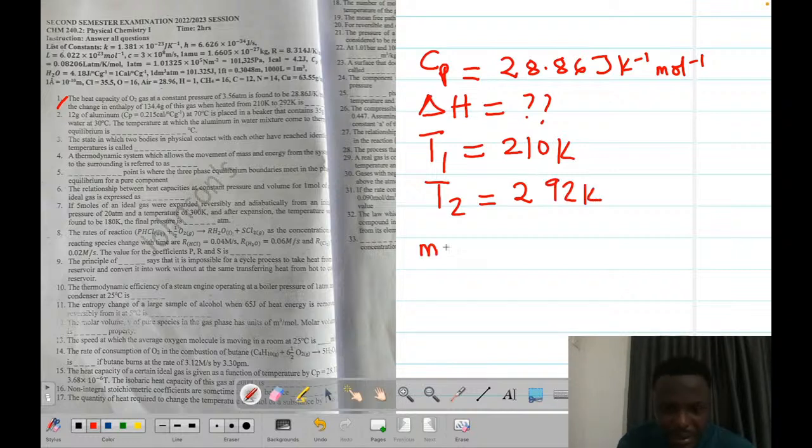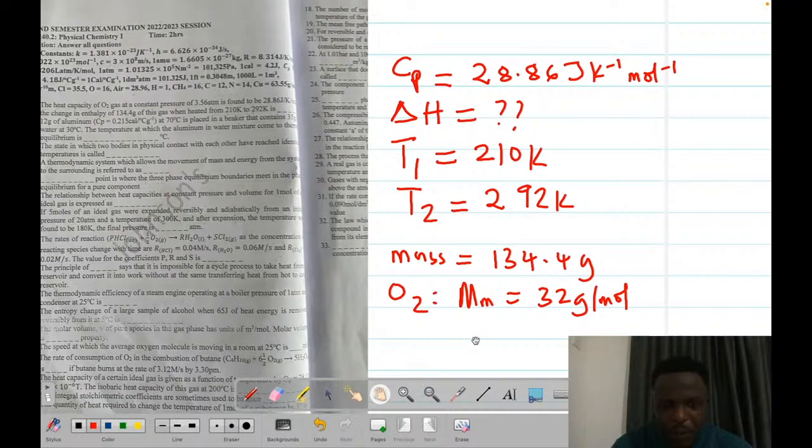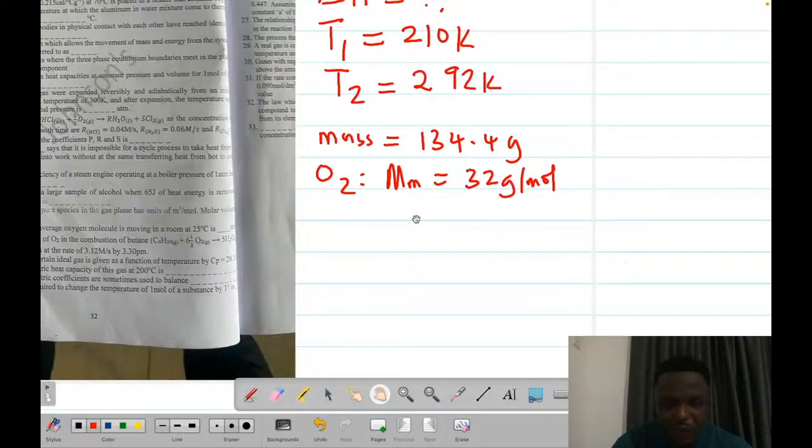The mass is 134.4 grams. Bear in mind that they said oxygen, and the molar mass of oxygen is 32 grams per mole.